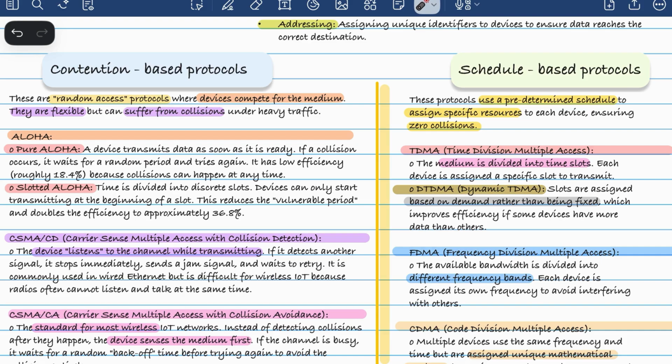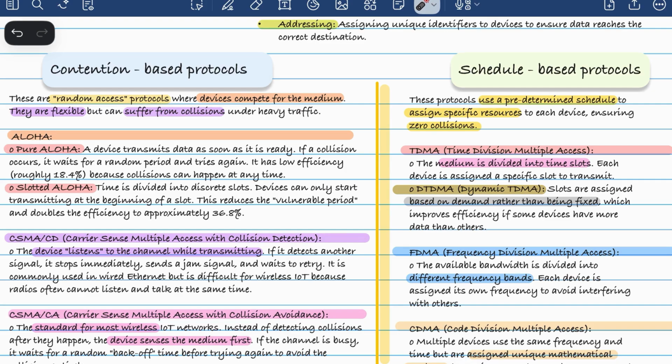And if we talk about slotted Aloha, engineers realized that they needed a bit of structure, right? So they introduced a master clock that divides time into discrete, rigid slots. Devices are now told that they cannot just talk whenever they want.